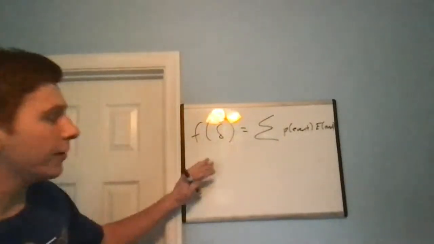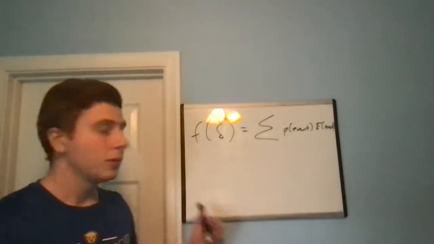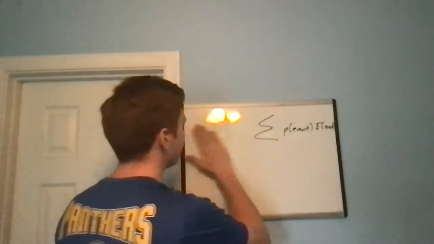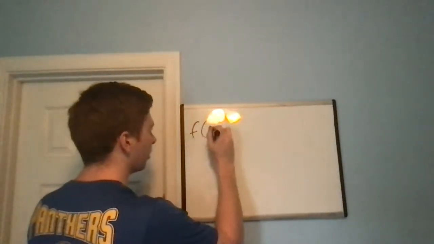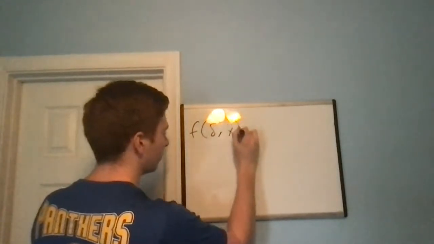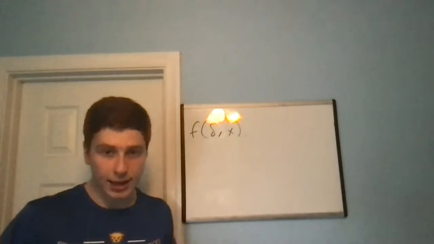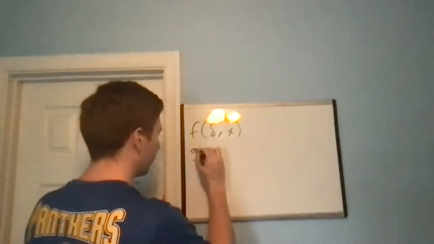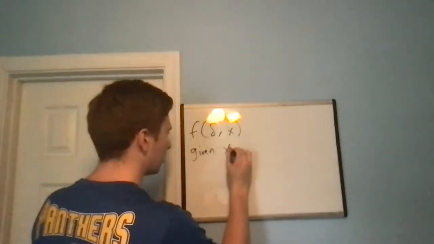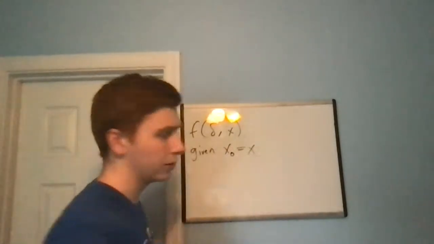So what we're going to do is not just find f of delta, but define basically this new function, f of delta comma x, where f of delta comma x is the expected number of moves it will take given x naught equals x.